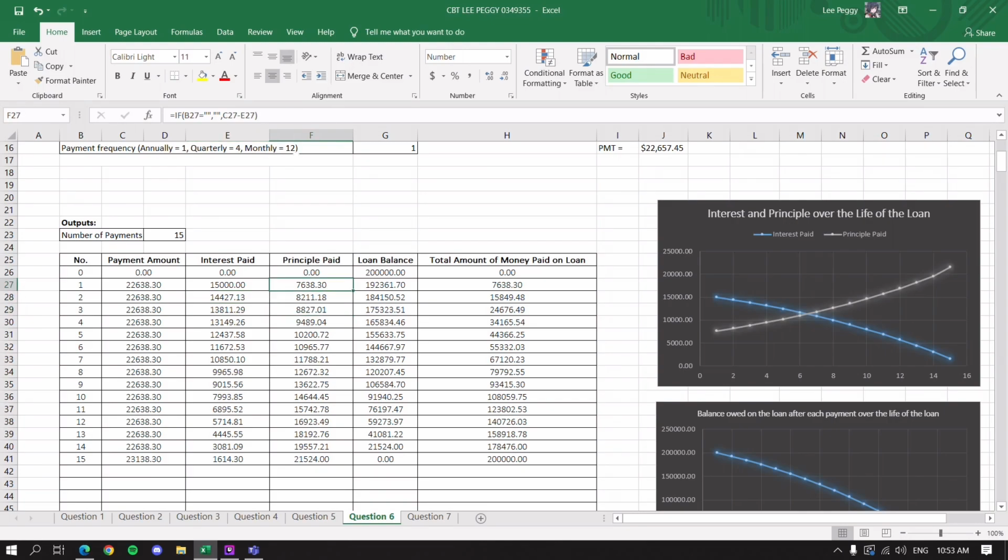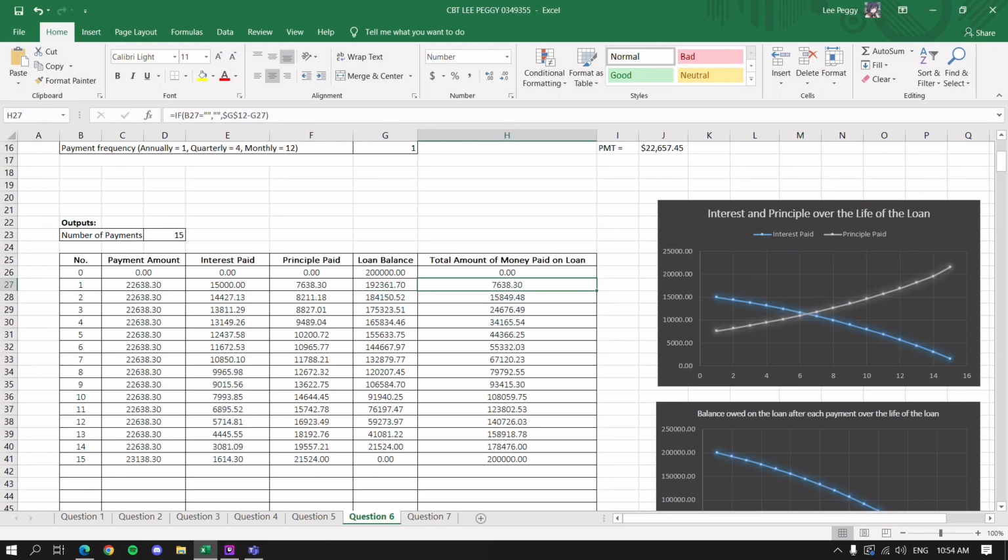The formula for principal paid is just the payment amount minus the interest paid. Then we can get the principal paid, which is used to pay back the loan. And the loan balance will be the previous year loan balance minus the principal paid, so we can get the current period loan balance.